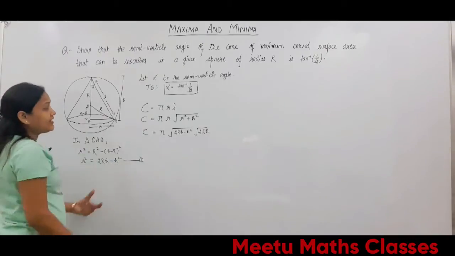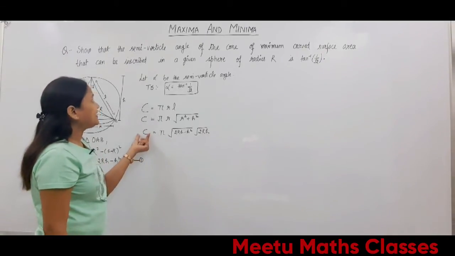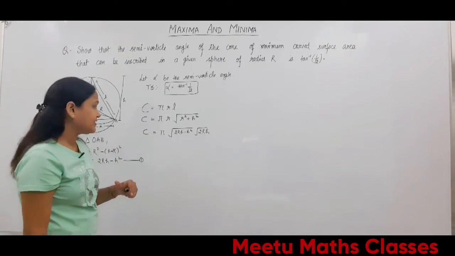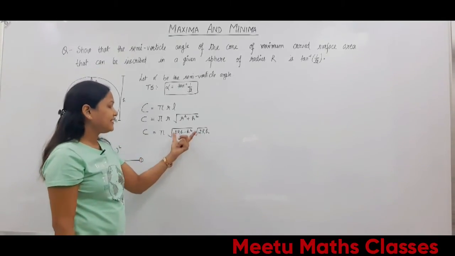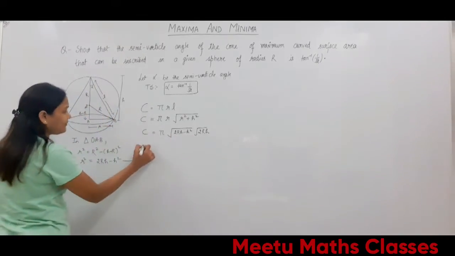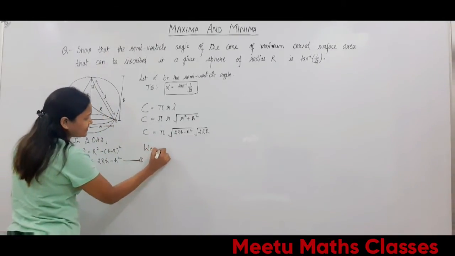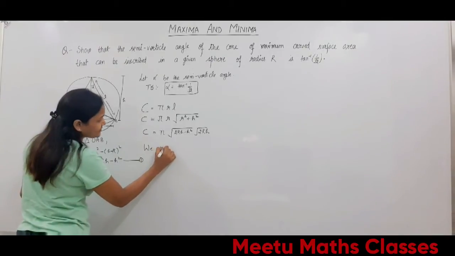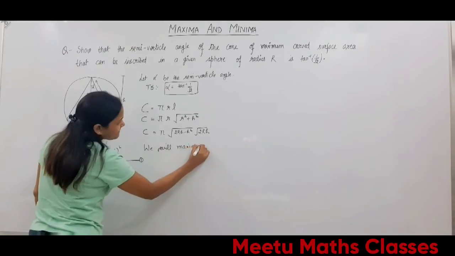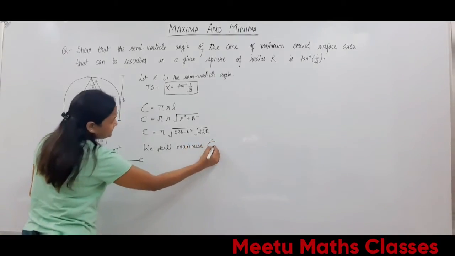Now to make this curved surface area maximum, you have to differentiate it twice, and this function is very complicated to differentiate twice. So we will maximize C square.